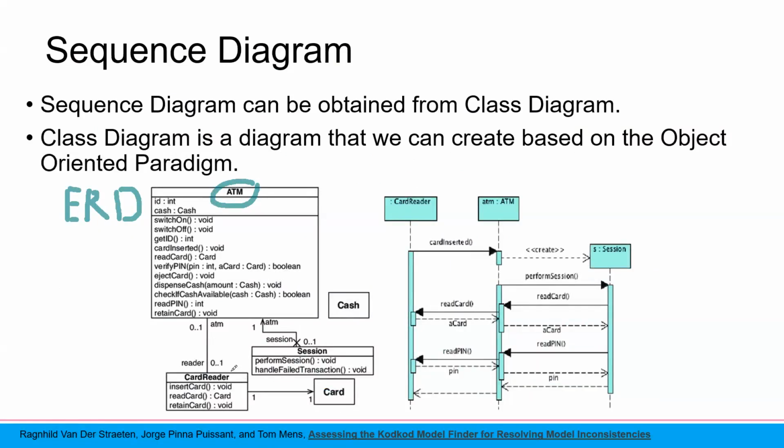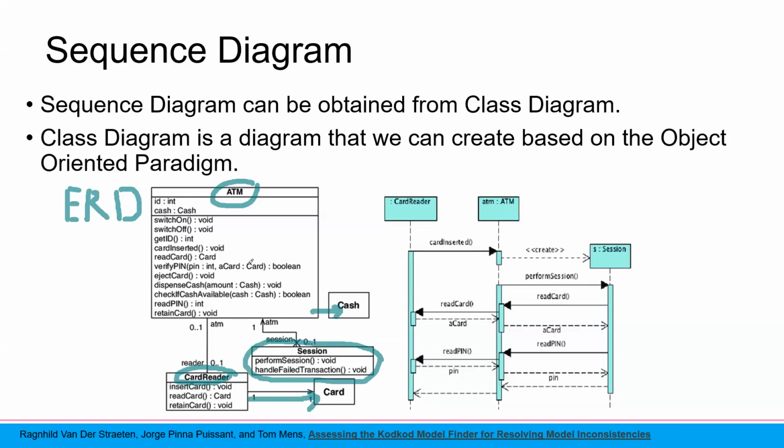And we have the card reader. And it has a connection with card. And this means the relation with cash. And there is a session to maintain the transaction when you want to get cash or when you want to do something in the ATM.